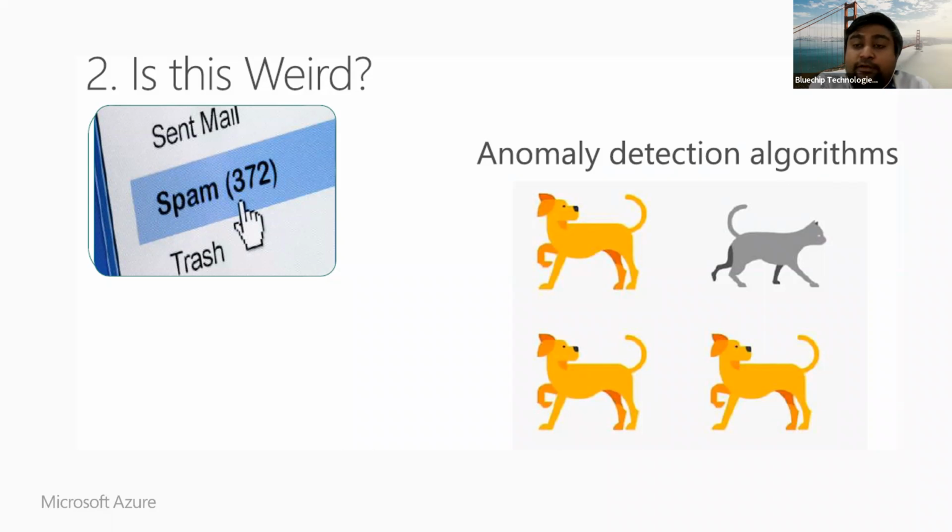So there's a 5% chance of failure, where you can see even today, if you go to Gmail or Yahoo Mail, some of the important original mails may sometimes end up in the spam folder. There's still a chance of that, but most of the time, the unwanted mails will end up in the spam folder. So the anomaly detection algorithm helps you to identify that.